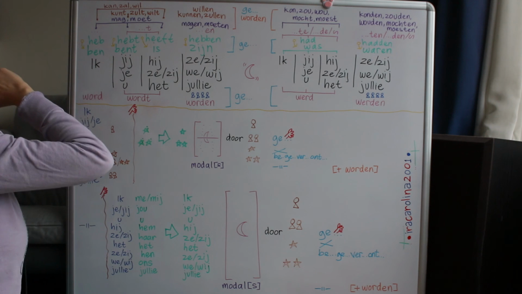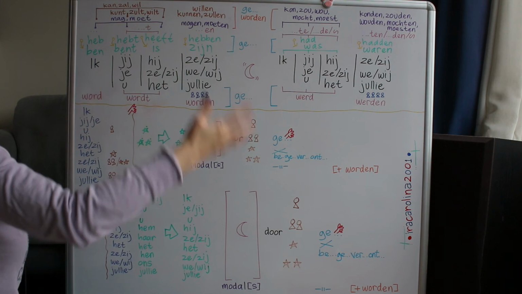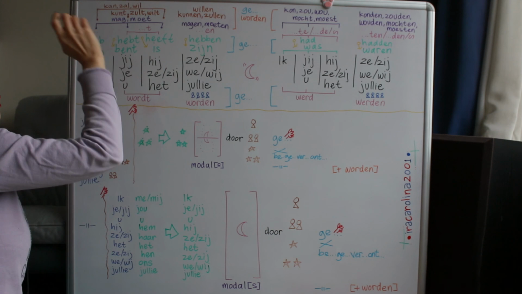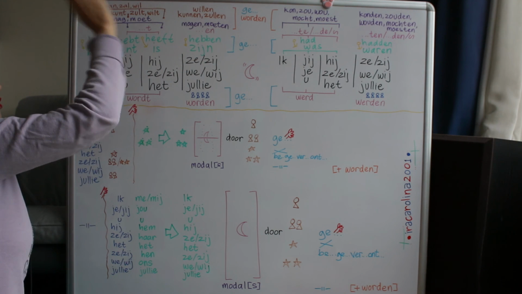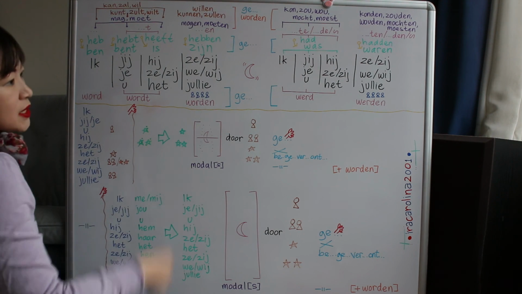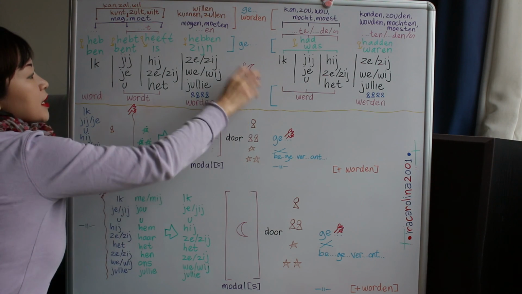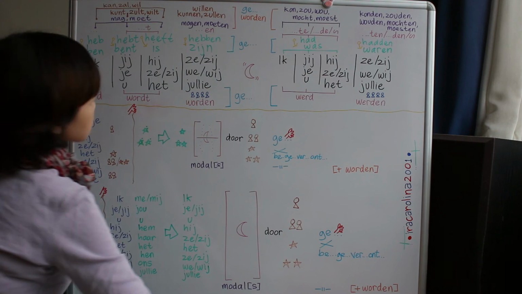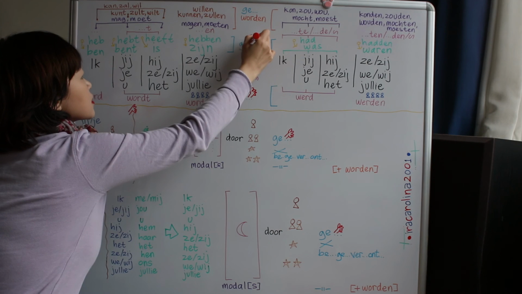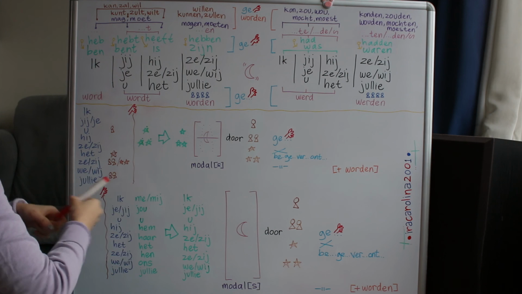Same like here, this is the base, and for a subject that consists of one, excluding ik, we put the t at the end. For a subject of more than one, we use en, so it becomes worden. The verb itself will come at the end of the sentence. I will just draw the verb here, so you know that this is not only with dots, but with the verb.